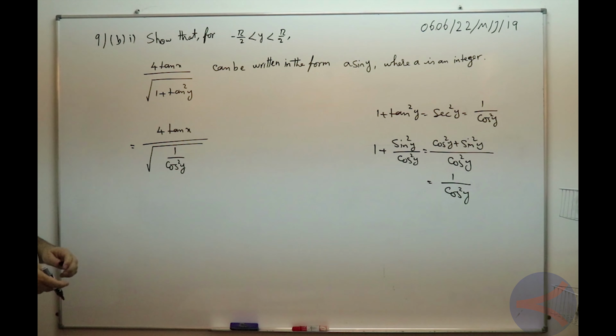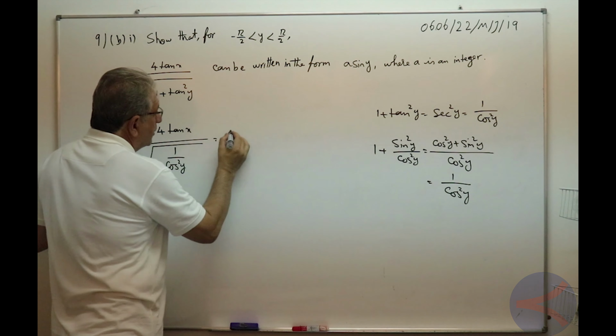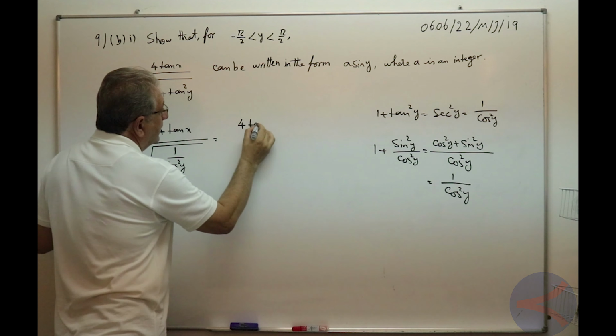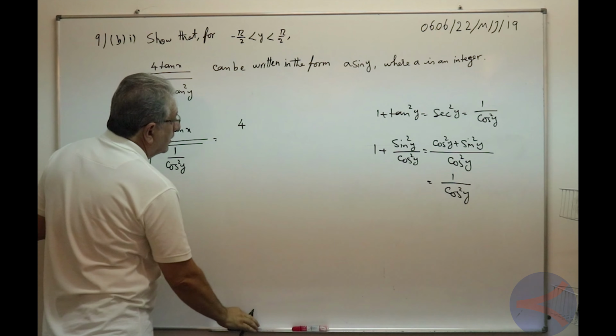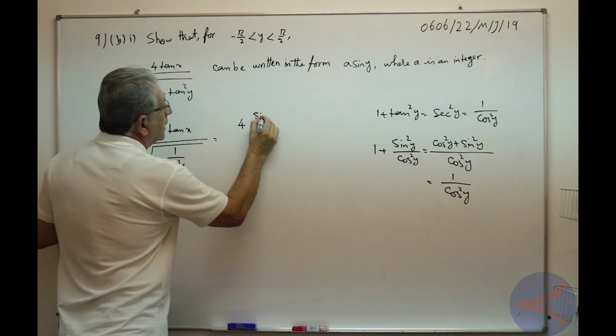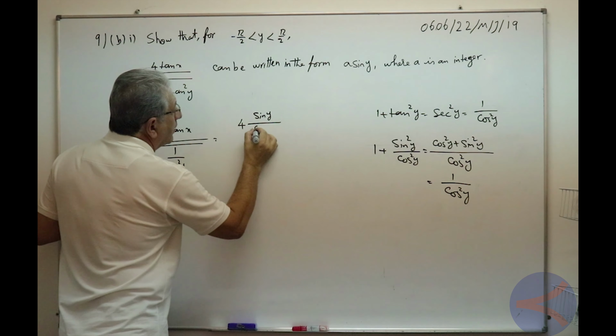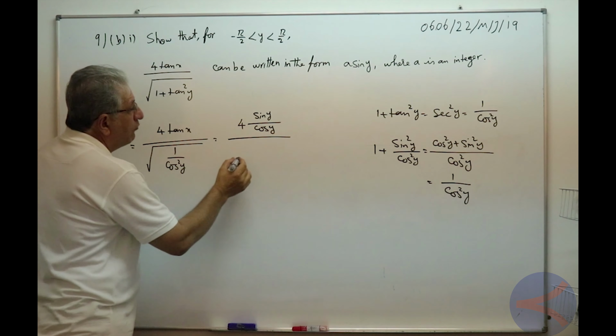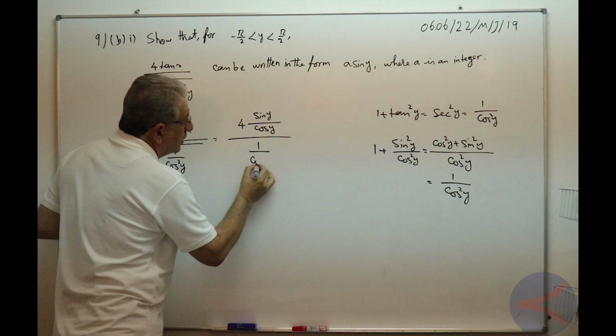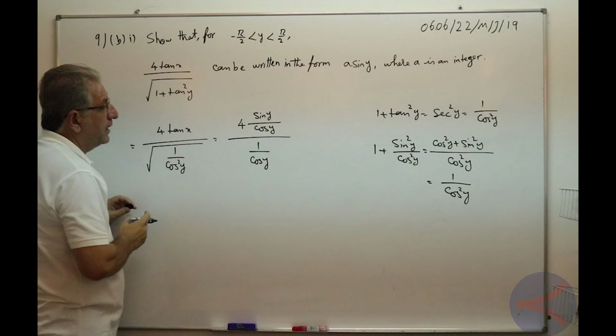Now here this will be equal to 4 times sine y divided by cos y, divided by 1 over cos y.